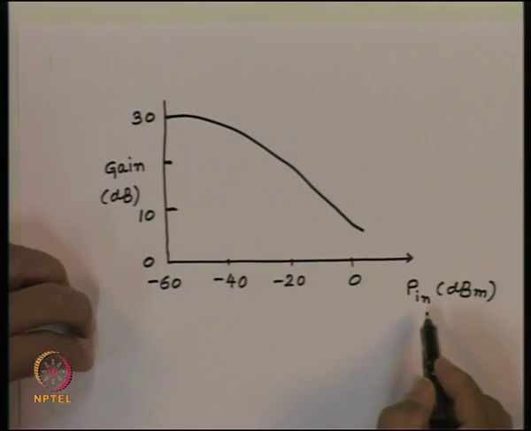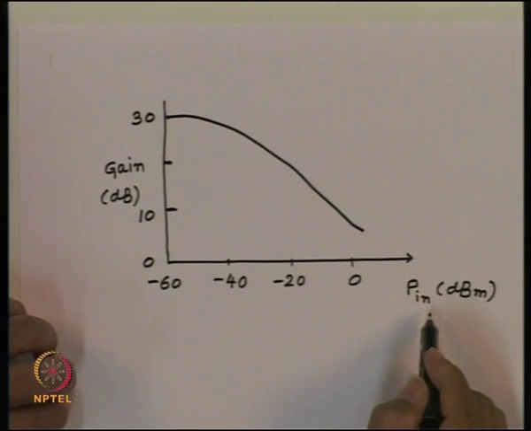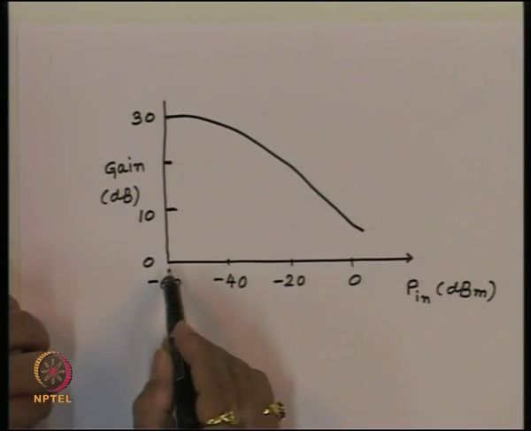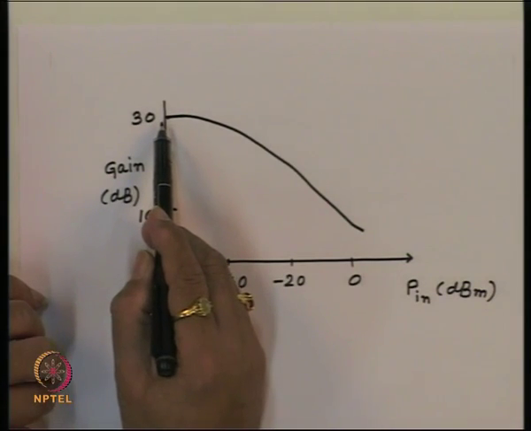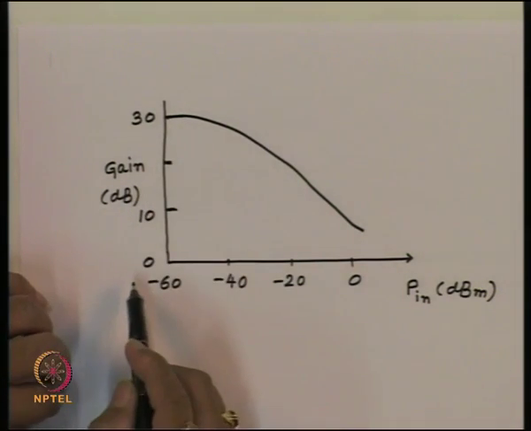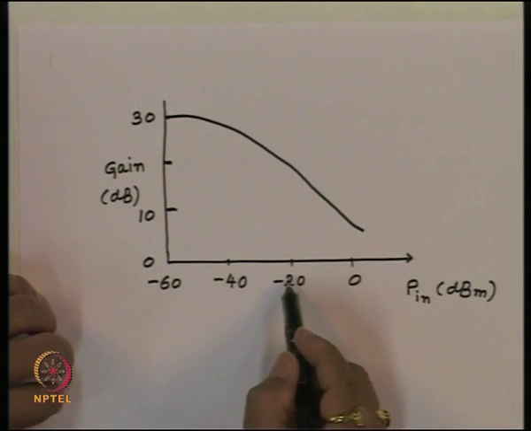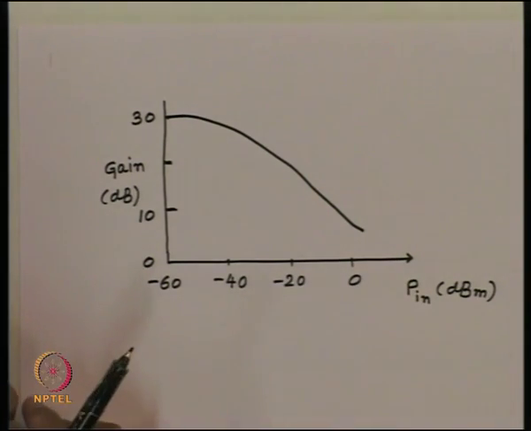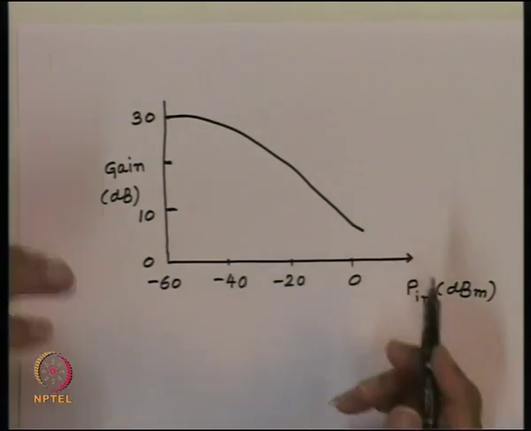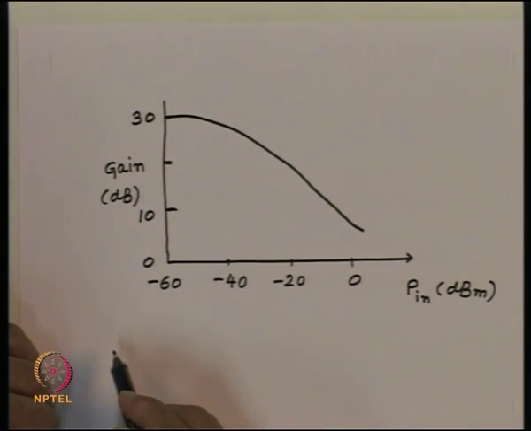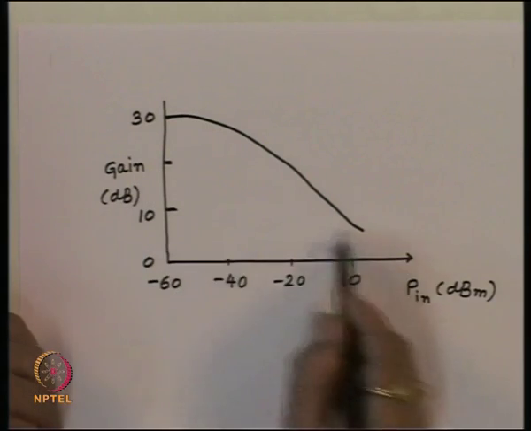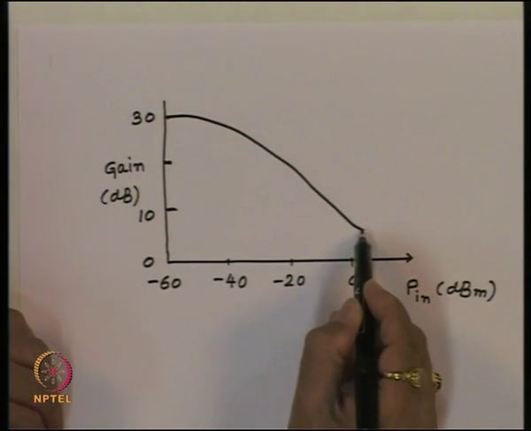For an input power as low as minus 60 dBm, the EDFA will have a gain of about 30 dB, but as the power reaches about minus 20 dBm, the gain would have dropped to about 10 dB, and by the time the power reaches about 0 dBm, practically the gain has gone to 0 dB.